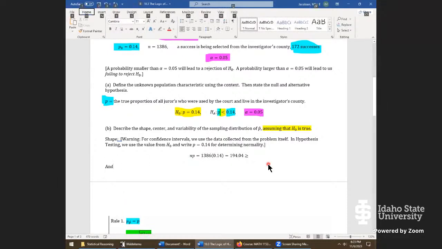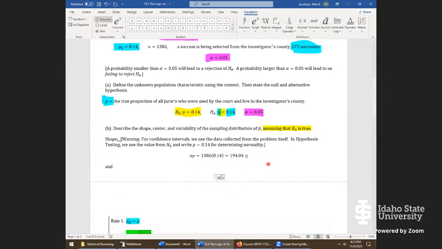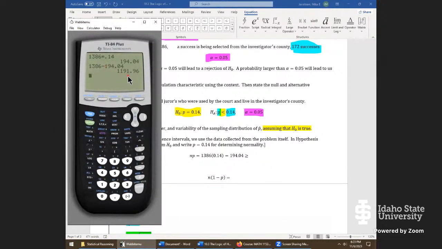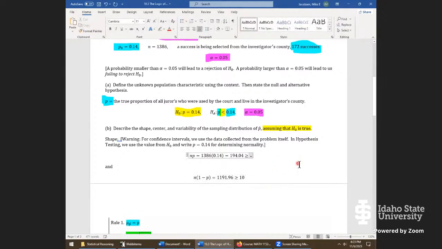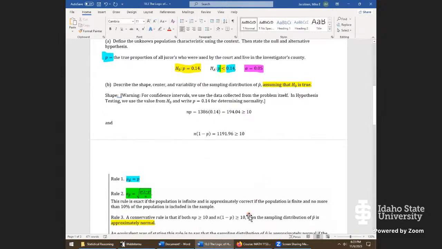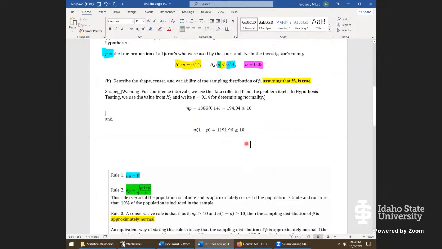And next, it is n times 1 minus p. But here, let's just use the shortcut, cite the value, 1191.96. This is also greater than or equal to 10. Forgot my 10 right here. And because both of these are exceeding 10, that's our benchmark that was indicated down here.